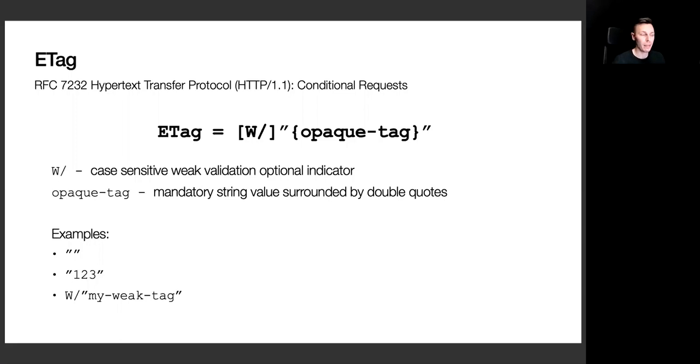So answering the question, which e-tag should we use, really depends on how difficult it is for us to generate it efficiently. Weak e-tags are considered easier to generate, but less reliable in terms of resource state comparison. So the choice should be dictated by the specific of our data, types of supported representation media types, and what is most important, our ability to ensure uniqueness across different representations of a single resource.